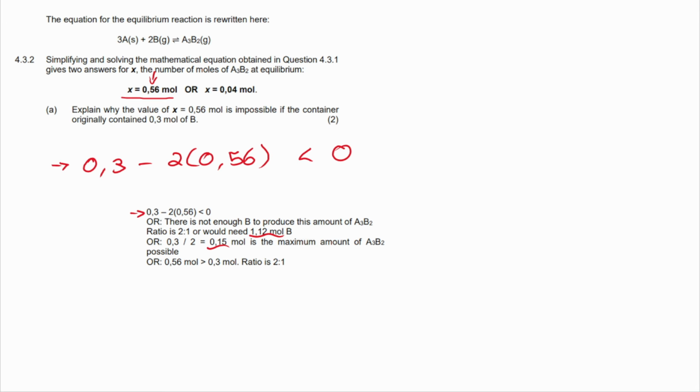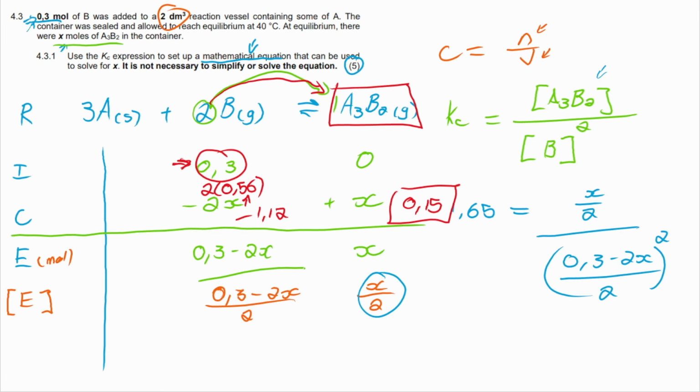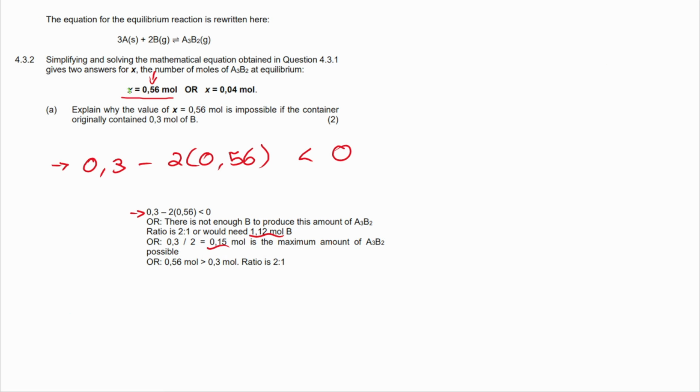Now they say calculate the equilibrium concentration of B in the reaction vessel. So the equilibrium concentration of B, well, we know it's this. This is our expression for the equilibrium concentration. Remember, concentration is in square brackets. We know it can't be this, so we're not going to plug in that X, we're going to plug in 0.04 for our X. So we're going to say 0.3 minus 2 times 0.04 over 2.